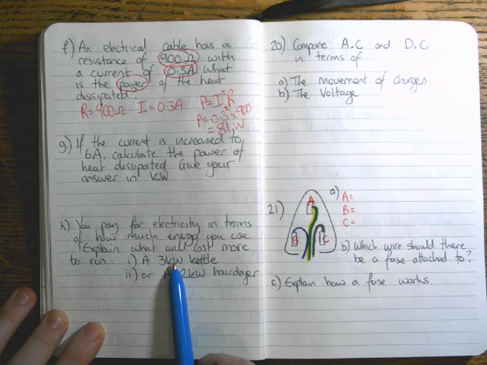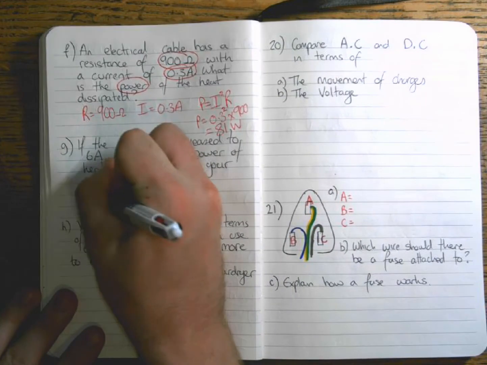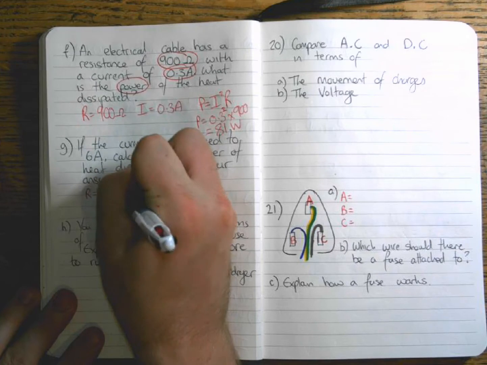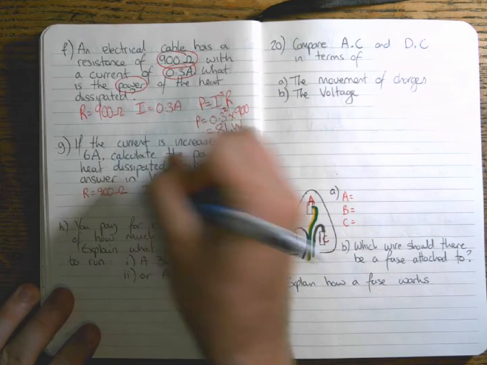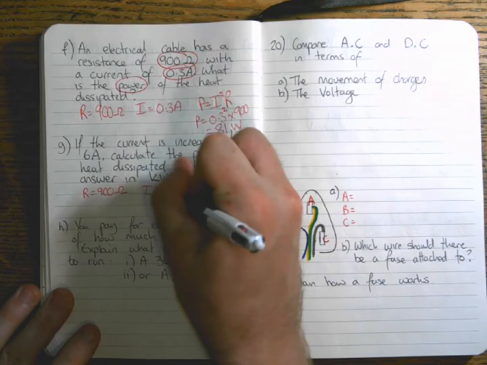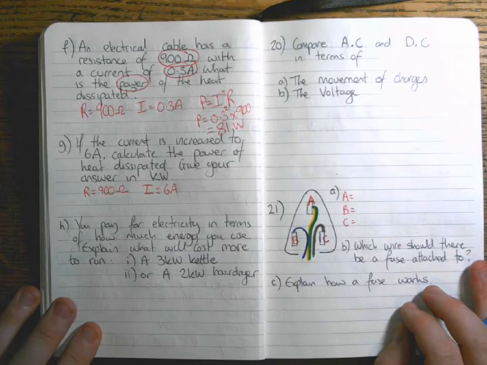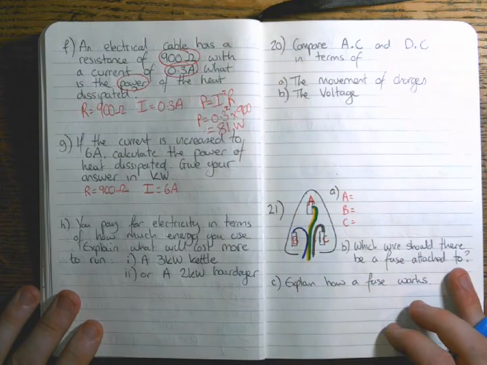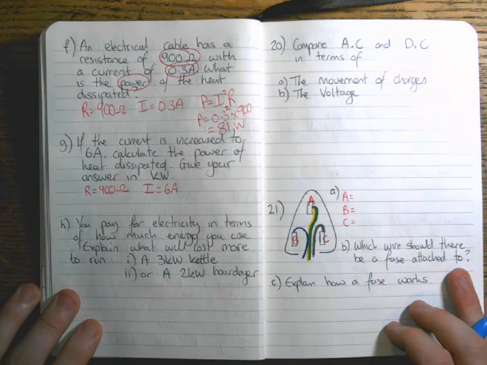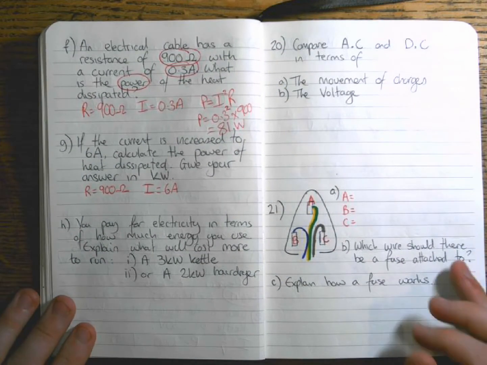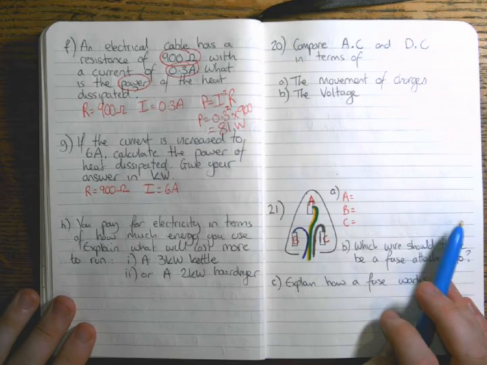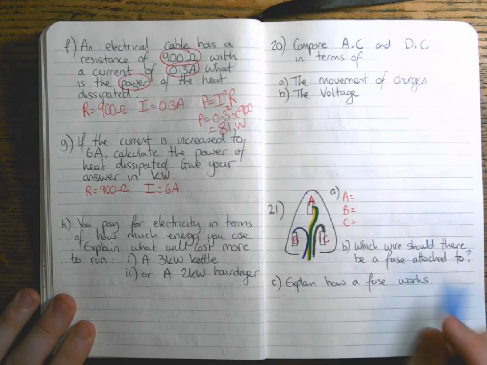Well, if we've got the same resistance, which we do, 900 ohms, but this time the current, 6 amps. That's a huge amount of current. So that travelling through a cable is obviously going to create more heat than if you've just got a small current travelling through the cable.